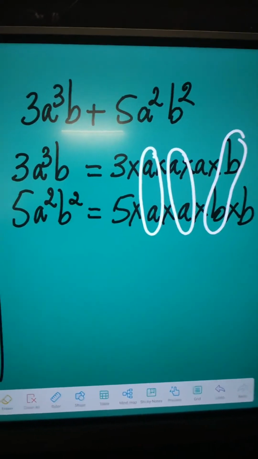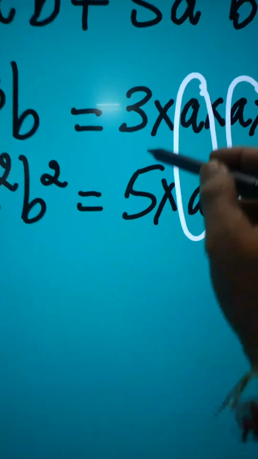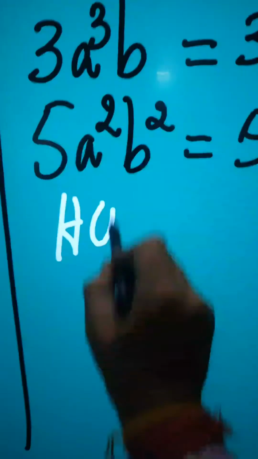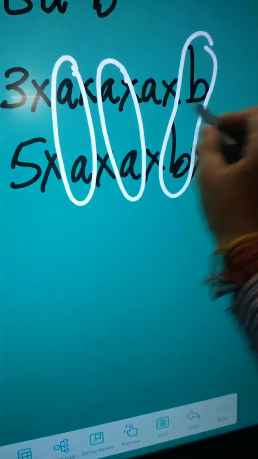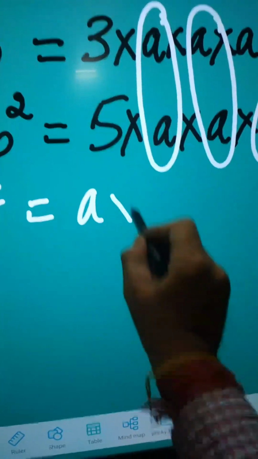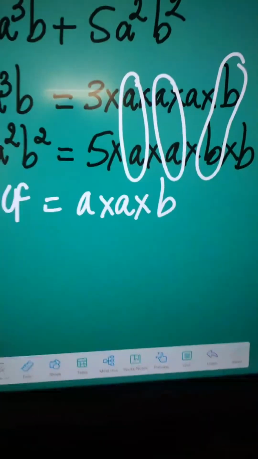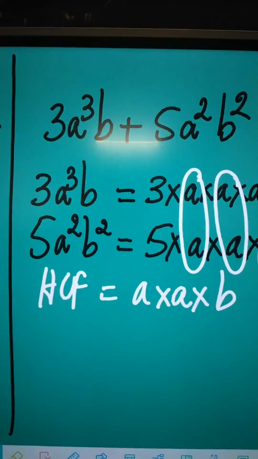Like in class 5 with numbers: is 3 common in both? No, so the number is not common. Then the HCF is a into b, which is common. This is how we find the HCF of 3 numbers or 2 numbers.